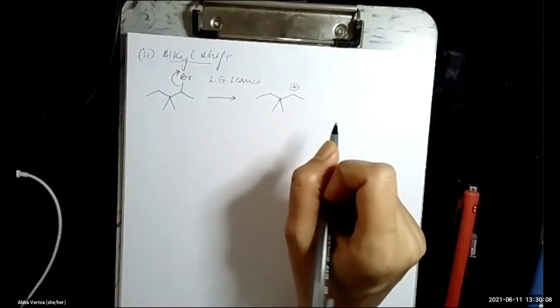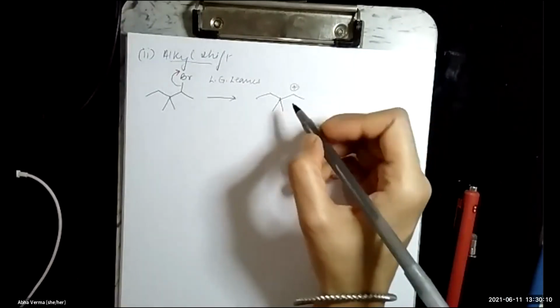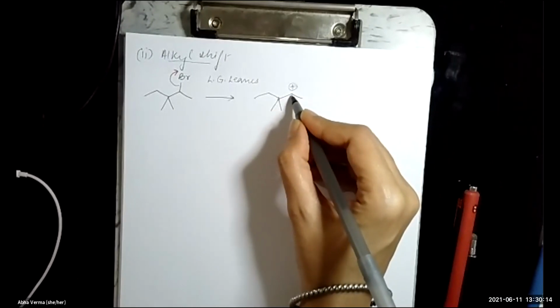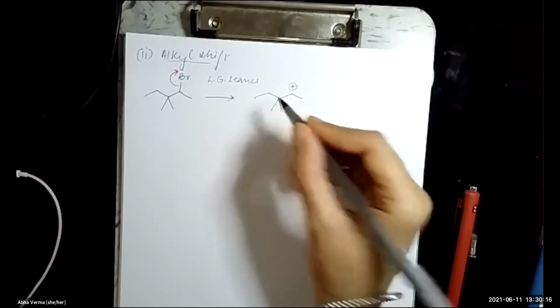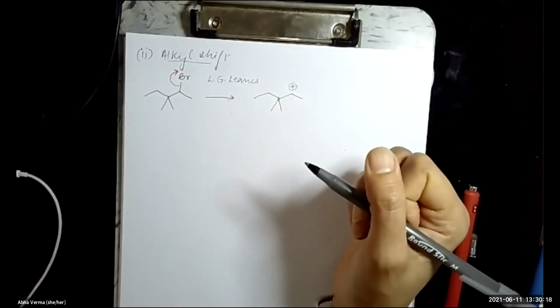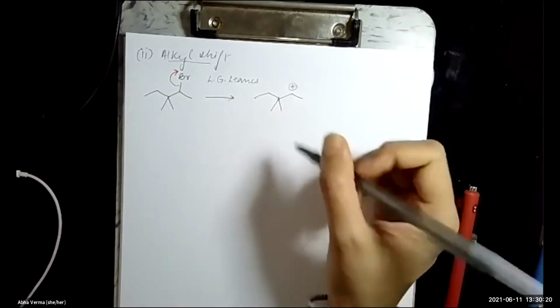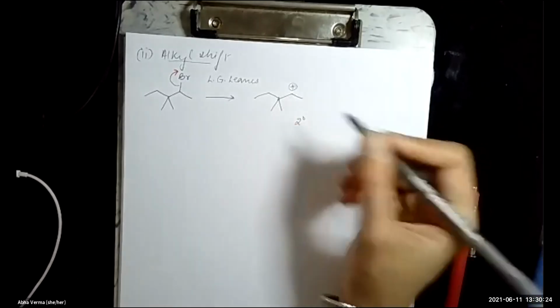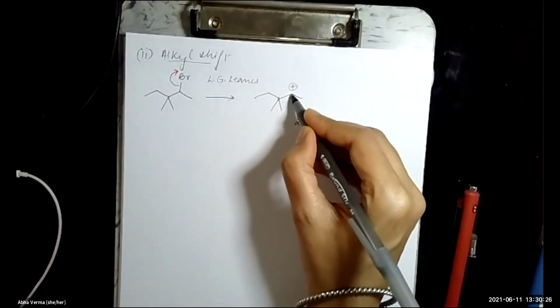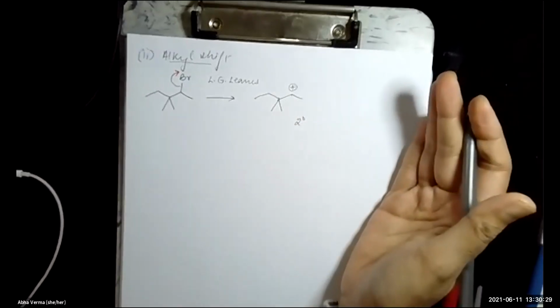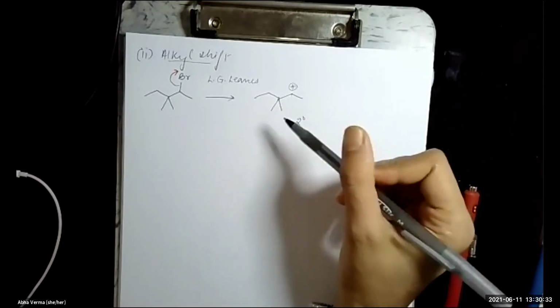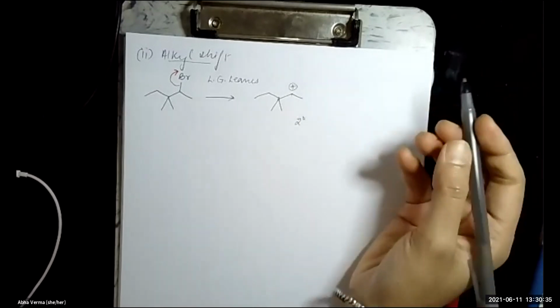Yes. Okay, great. Taylor, can you help us figure out what kind of a carbocation is this? How would you classify this? Primary, secondary, tertiary, alkyl, aryl, benzylic, what kind? Secondary. Very good. Now, more than secondary carbocation, do you think it can arrange itself or go itself to a better location to become a more stable carbocation?